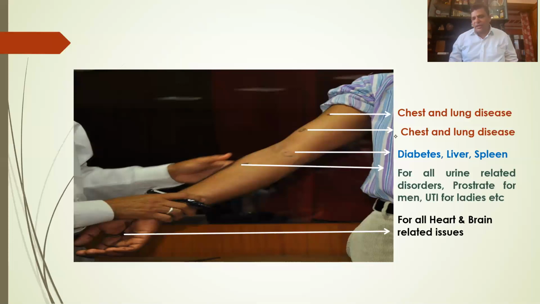Now the next marma point, a very important one, is known as the Kurpar Marma. You all know that there is a bony prominence on the medial side, and another on the lateral side. Just one finger below this prominence, there are 2 points.